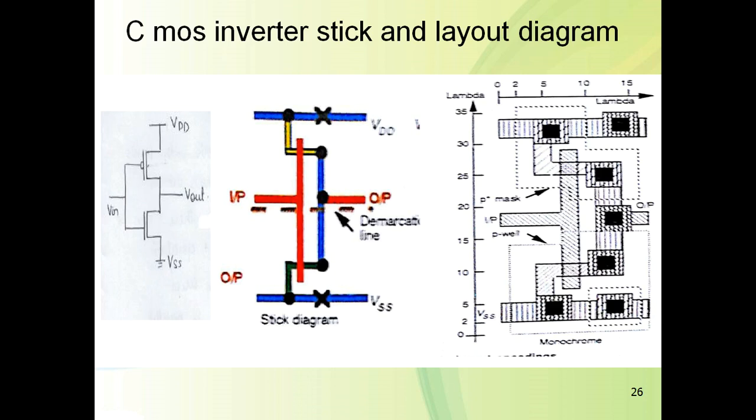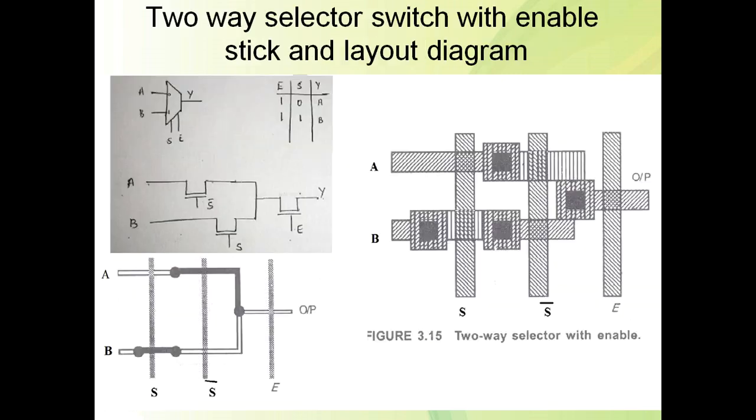In the same way we can draw the stick diagram for others. Now, how to draw the stick diagram for a two-way selector switch with enable input. To draw the stick diagram and layout for the two-way selector switch, which is nothing but a multiplexer, that is a 2:1 multiplexer having an enable input.